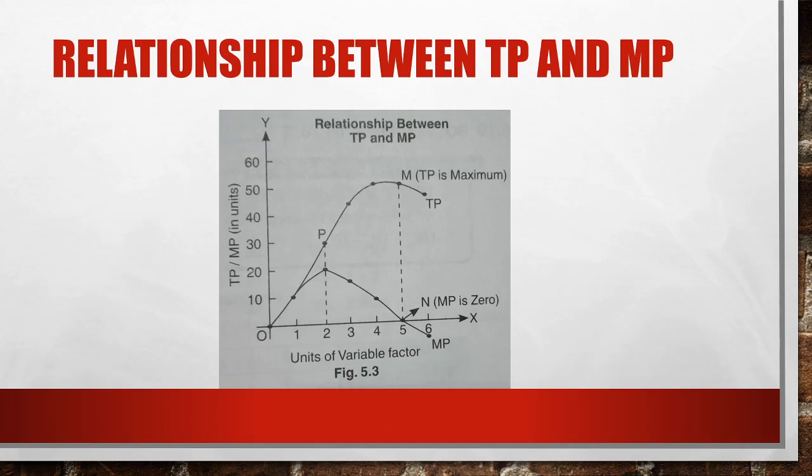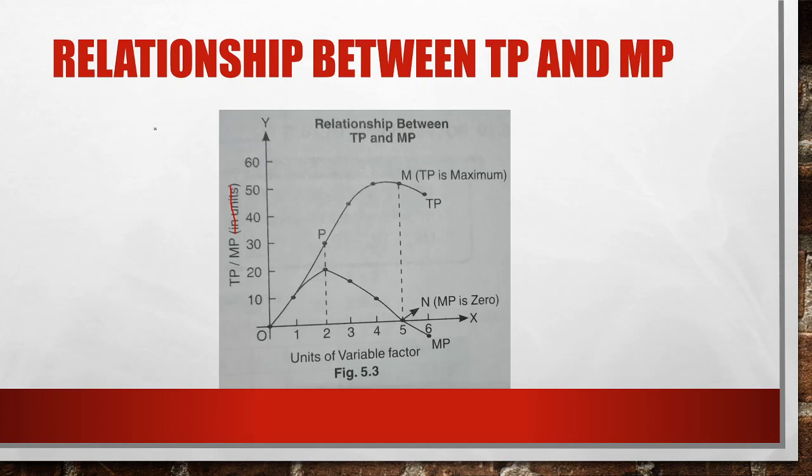The x-axis measures units of variable factor and the y-axis measures total product and marginal product. There is no need to write the units, but if you want, you can write them.